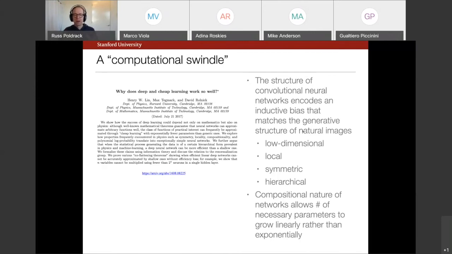In particular, the compositional nature of the networks, the fact that you summarize one layer and then that summary gets used at the next layer, allows the number of necessary parameters to grow linearly rather than exponentially with the complexity of the input.